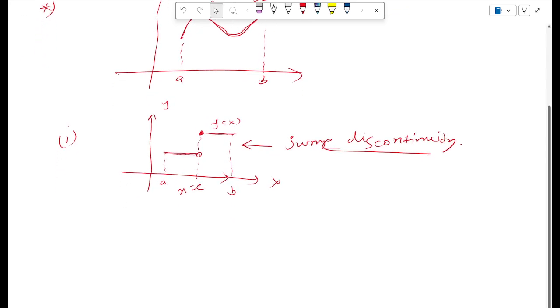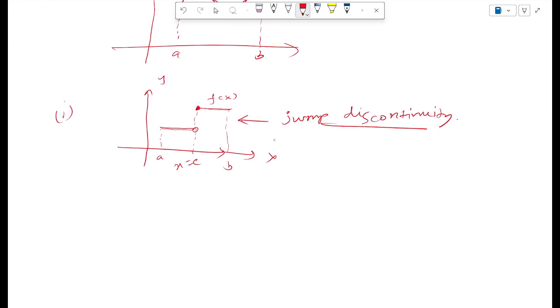Now there are other types of discontinuity also. Let's see. The second type of discontinuity is called point discontinuity, or you can say removable discontinuity.